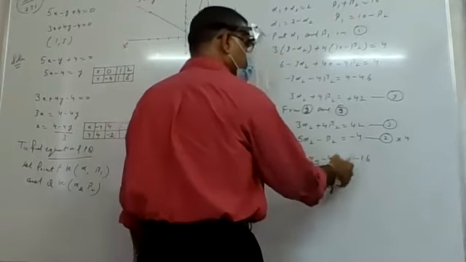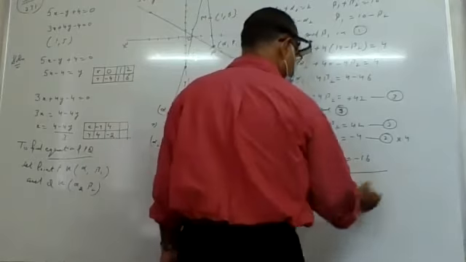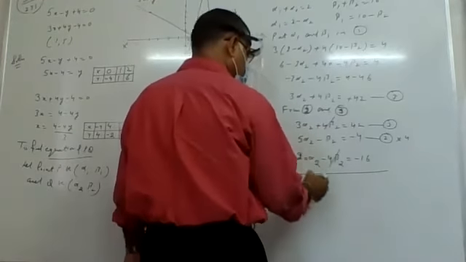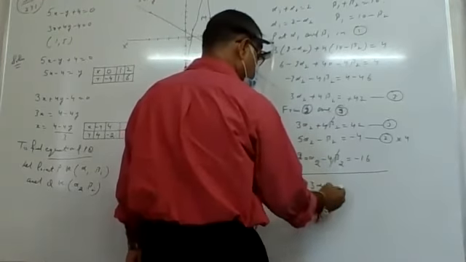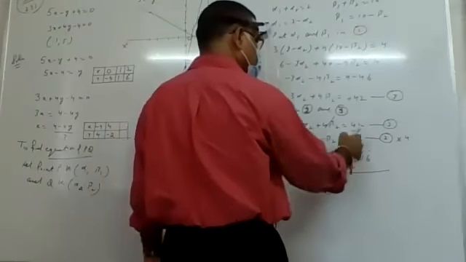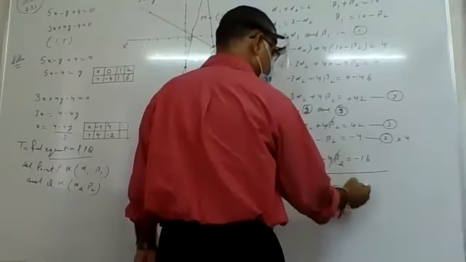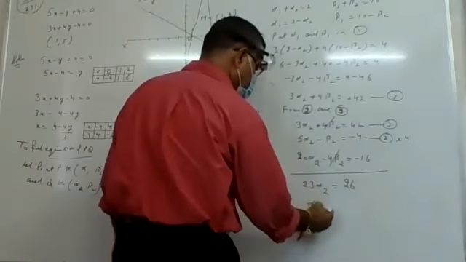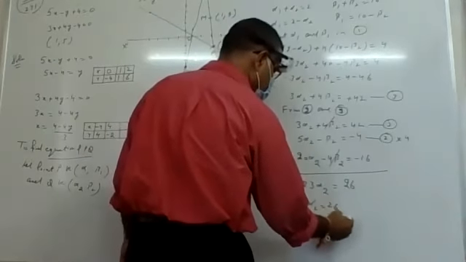Now add these two. So 4 beta 2 cancels with 4 beta 2. 23 alpha 2 is equal to 26. So alpha 2 is equal to 26 over 23.